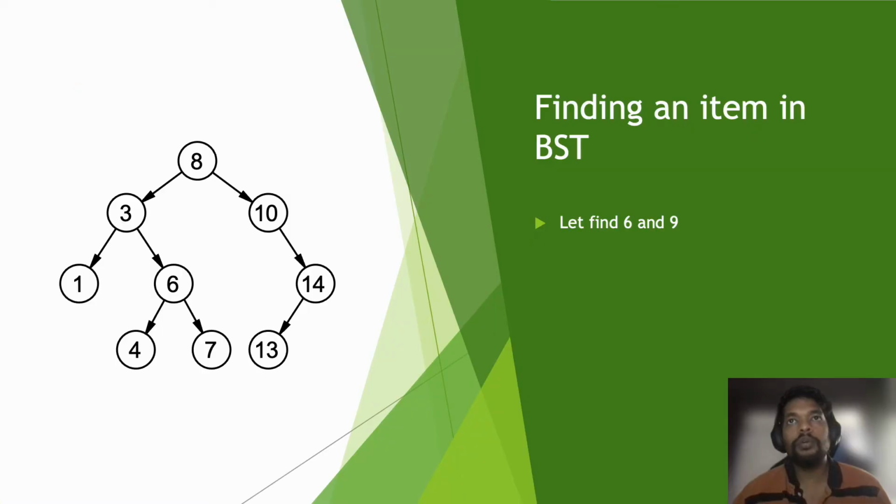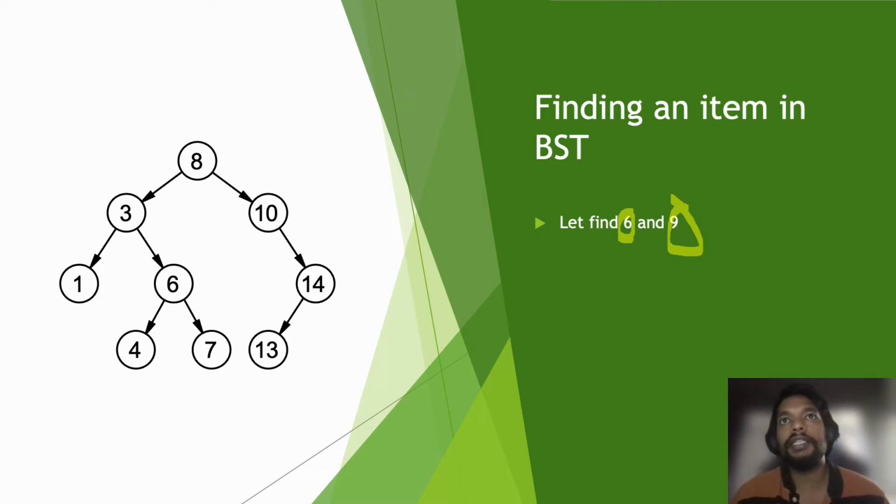So let's dive deep into searching in a binary search tree. For this case, we are going to check for finding the values 6 and 9. As you can see, 6 is already present. So let me go through the algorithm. First we're going to compare the value with the root node. Then we will check where we have to navigate. So let's compare 6 to 8.